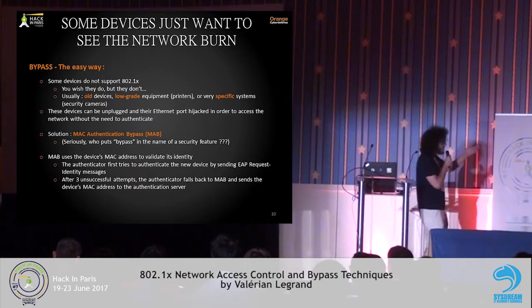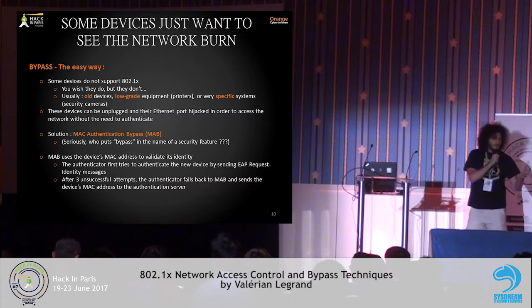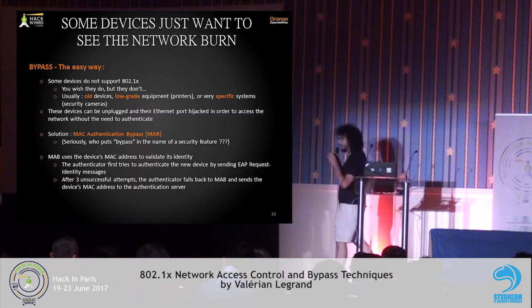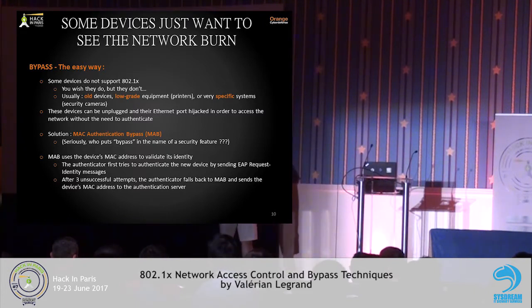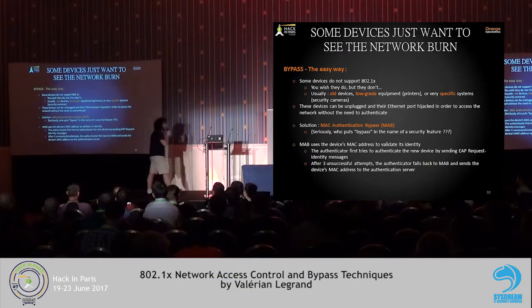I don't know, security cameras, for example. So if you can find a device that is either too old, low-grade, or a very specific system that can't be protected through the 802.1x standard, then you can just unplug it, plug yourself in instead of it, and you're done. You basically have access to the network.